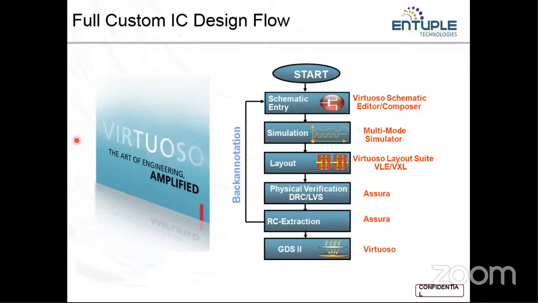So what will be the starting point for any full custom IC design? That will be the specification, based on the data provided by the market research analyst. Once you get the specification, you start working on paper. First you work on the design on paper, and check what is going to be the input, how it is going to be given, what might be the disturbances at the input, and how they are going to be filtered out.